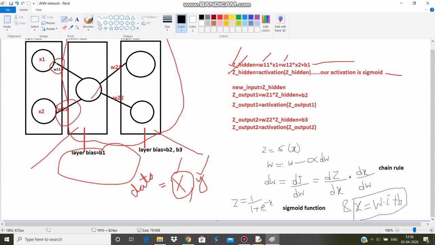So here x equals w into I plus b. Now that we have these equations, let me clear this portion off. Okay, I guess we are good to go now.